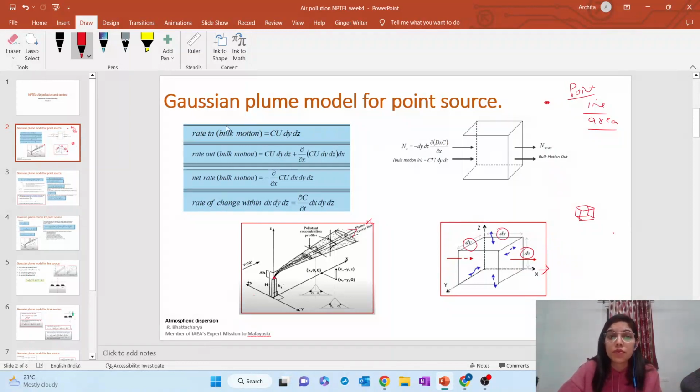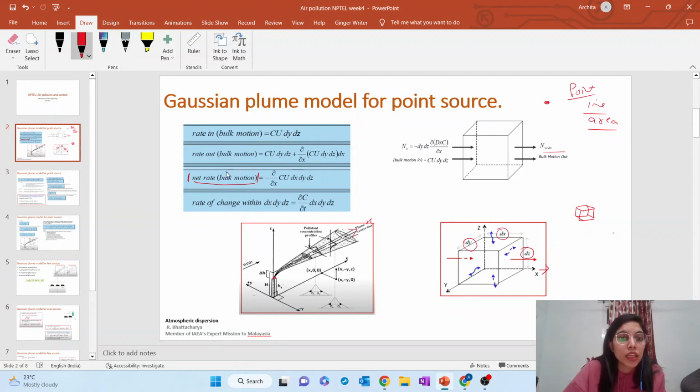Now first we calculate the net rate of bulk motion. When the emission is happening from this chimney and we consider a point in the form of a cube, how much emission is going into this area, and how much is coming out of it?